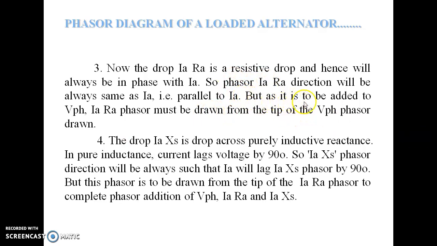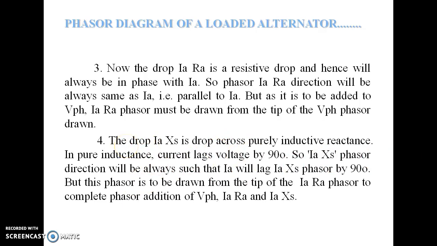But as it is to be added to VPH, the IARA phasor must be drawn from the tip of the VPH phasor. From that tip the IARA phasor will be drawn. We will see in the diagram itself.